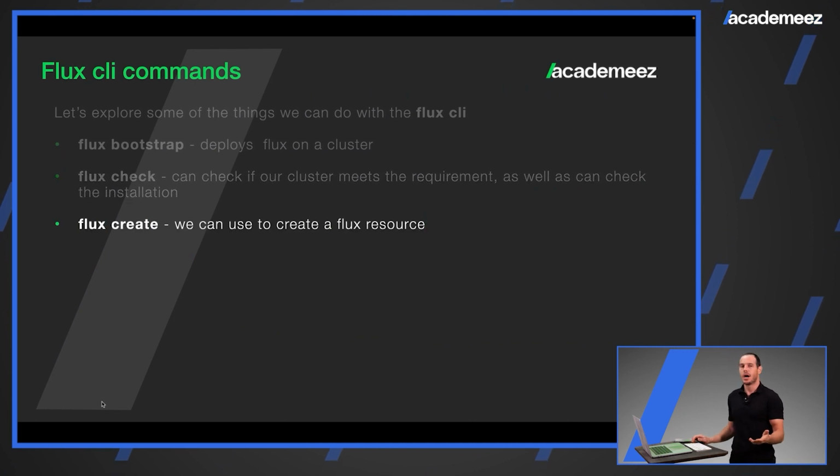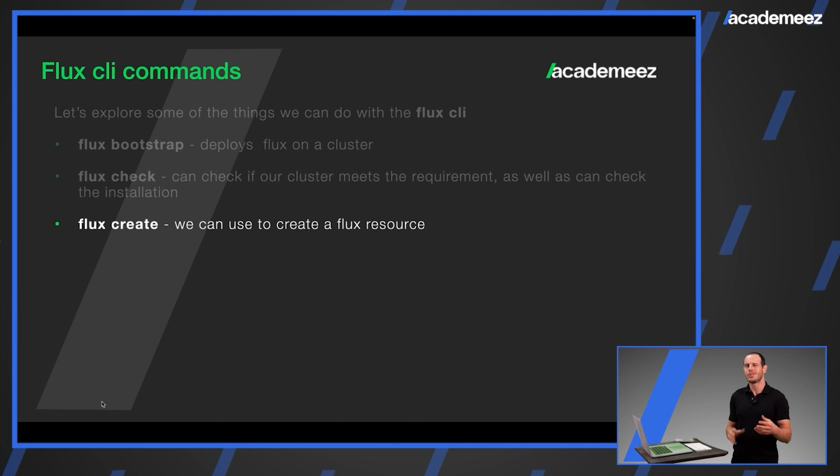Another command that I often use is flux create. We'll talk in a future lesson about the different controllers that Flux provides, but basically when you install Flux, Flux will run pods, Flux controllers, that will watch for certain custom resources that Flux provides.